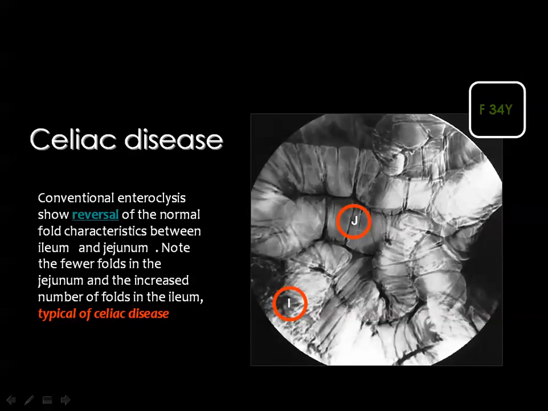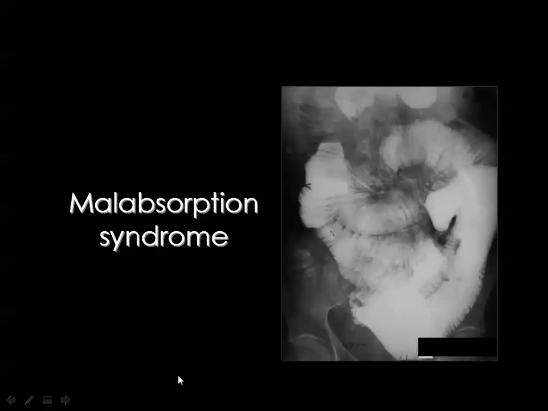You remember from the anatomy that the mucosal folds are more prominent and more frequent in number in the jejunum compared to the ileum, but in celiac disease the reverse is seen: in the jejunum there are few mucosal folds, while in the ileum there is an increase in the number of the mucosal folds.